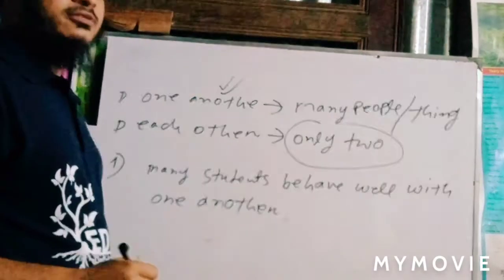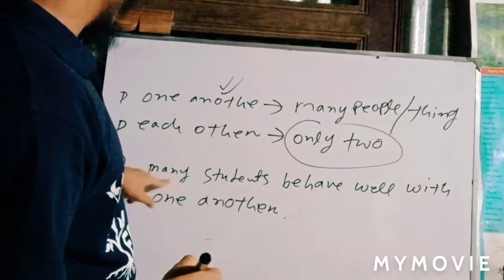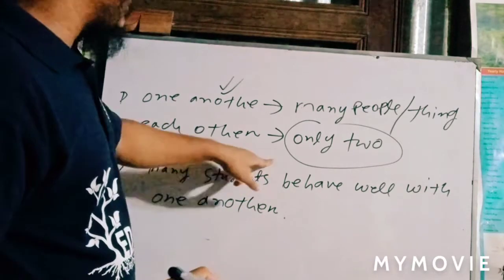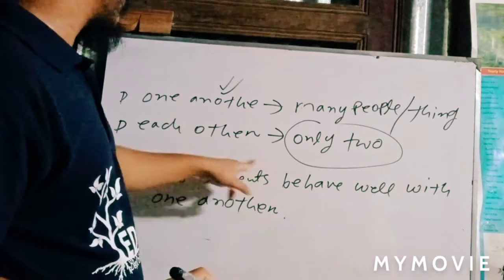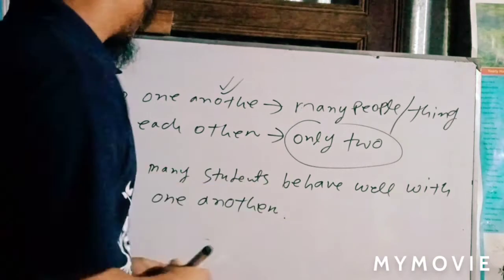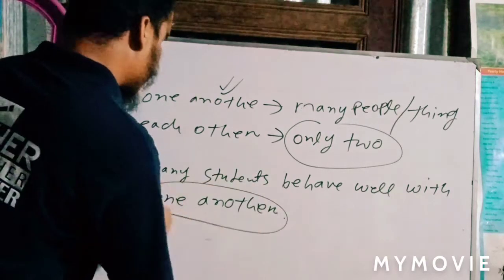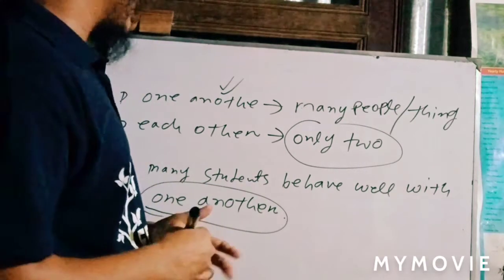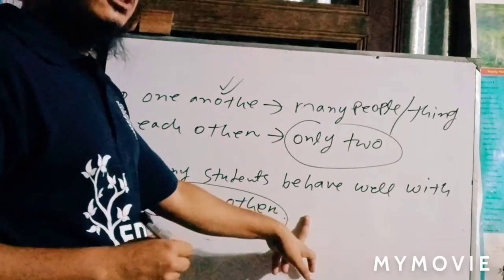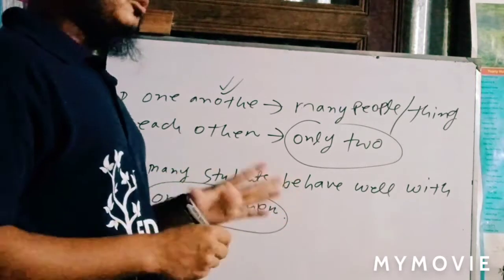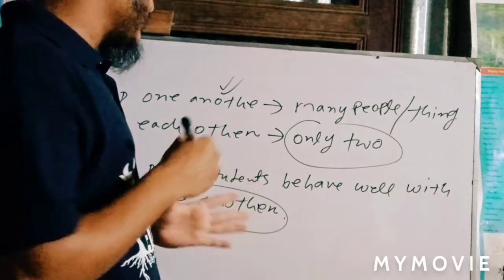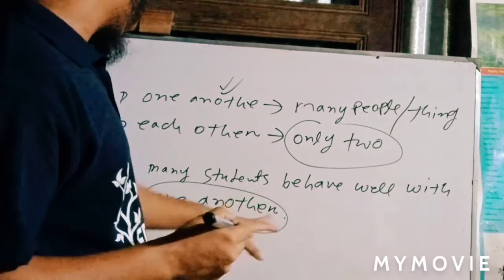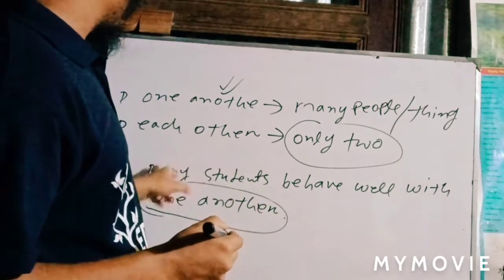So you understand from this sentence that there are many students, not only two students, not only one student. For these many students, the connection one another is used, so it is perfect. So if we are making the correlation with each other among many students, one another is used because of having many students.